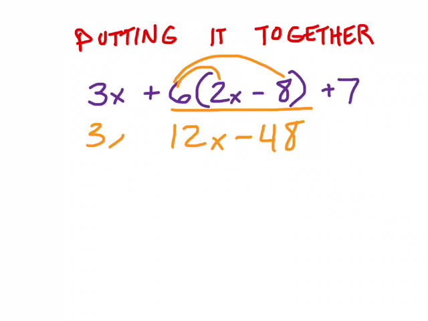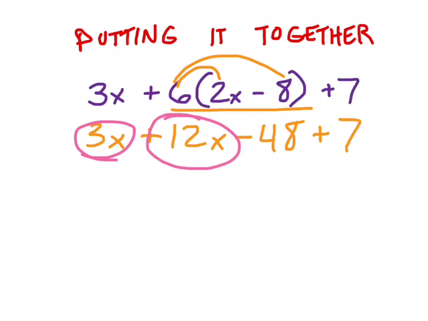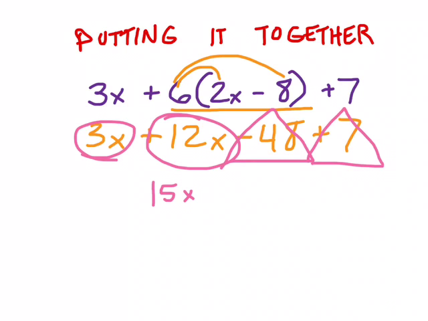And if I just go ahead and put the rest of that back in there, the plus 7 and the 3x, I now see something that looks a lot like what we had in the last lesson of combining like terms. Hopefully we notice or remember from last time that 3x and 12x are going to be like terms, and if I combine those, it's just 15x's. Similarly, negative 48 and positive 7 are like terms.